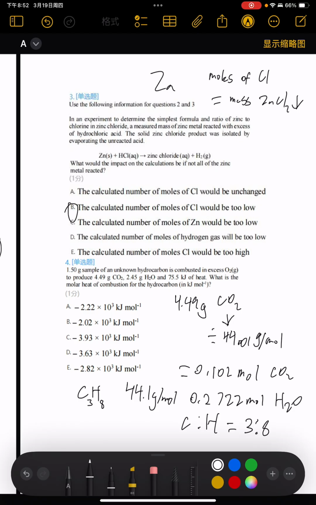So then for the moles of this, we are told that there's 1.5 grams. So then there's a total of 0.034 moles.